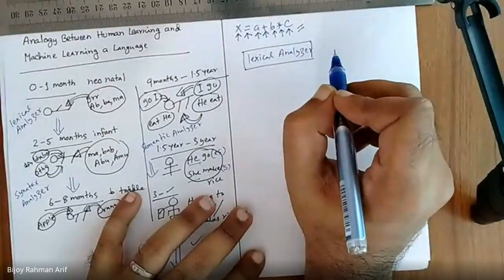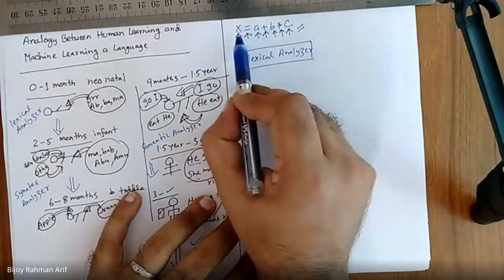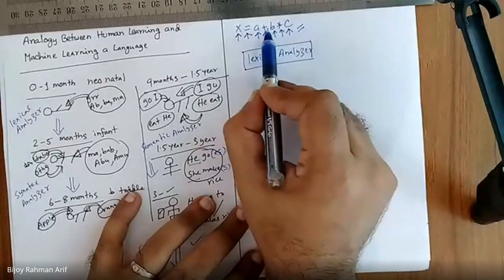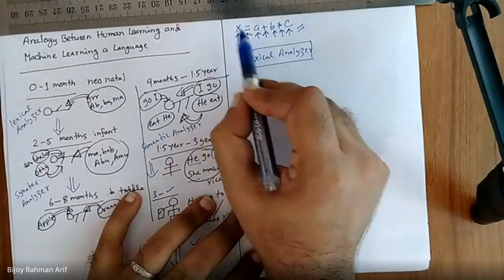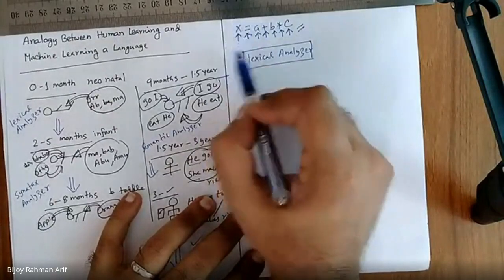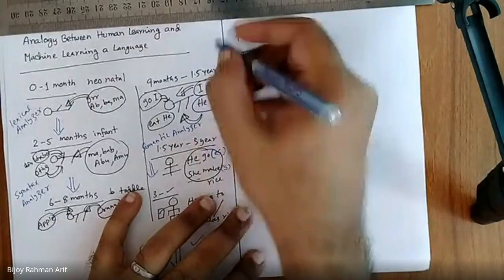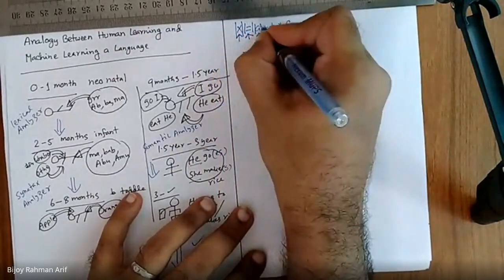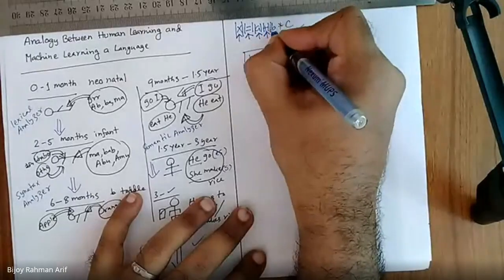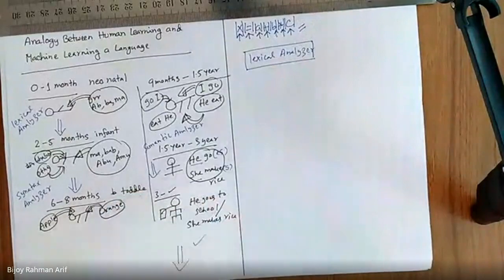Okay. Now, if you read character by character, x equal to a plus b star c, why should I stop? Why should I get a single unit of something? Here, what is the unit? x is a unit, equal is a unit, a is a unit, plus is a unit, b is a unit, star is a unit, c is a unit, right?